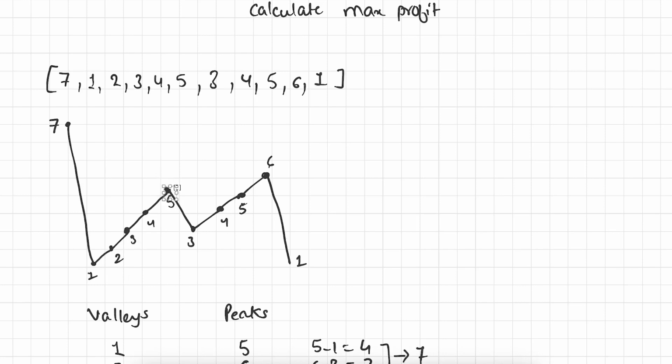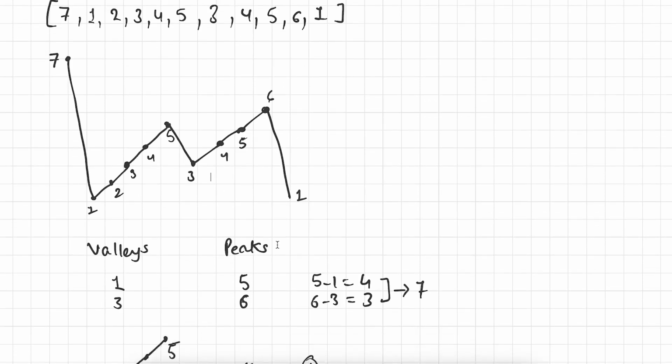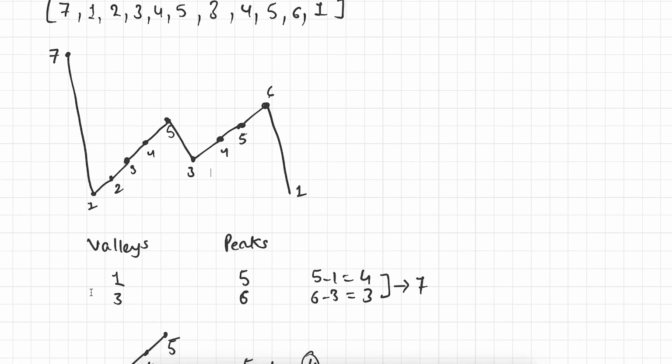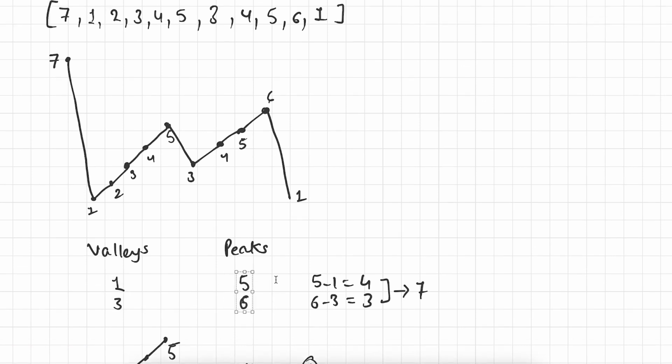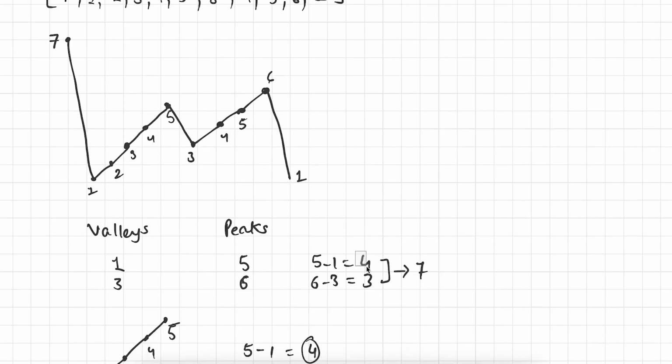Then again it goes down and again goes up all the way till 6, and then it again goes down to 1. If we find peaks and valleys in this representation, we see that 1 and 3 are valleys and 5 and 6 are peaks. If we subtract valleys from peaks, we get 4 and 3 as our profit, and if we add both profits, we finally make a profit of $7.